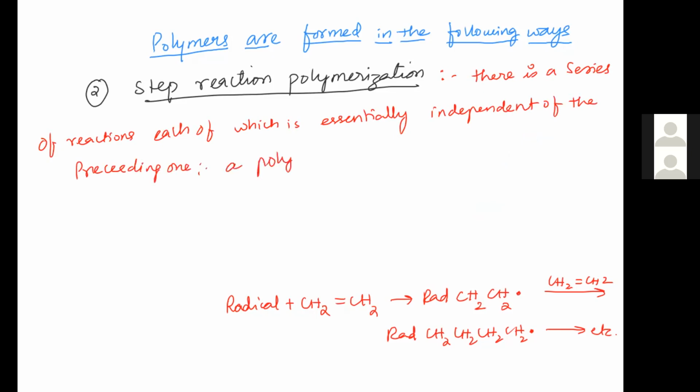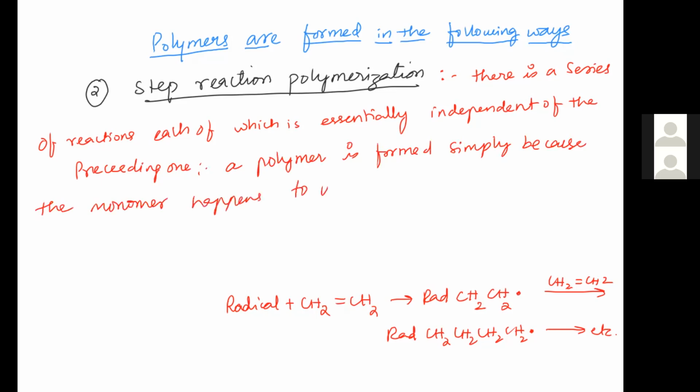A polymer is formed simply because the monomer undergoes a reaction at more than one functional group.